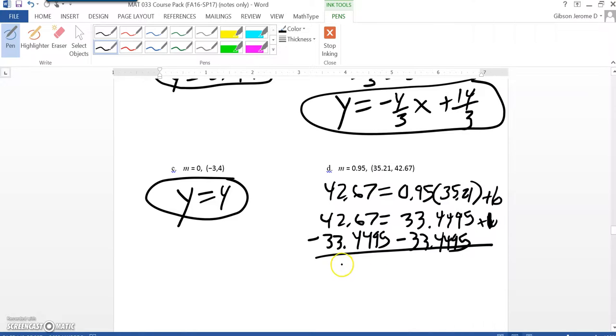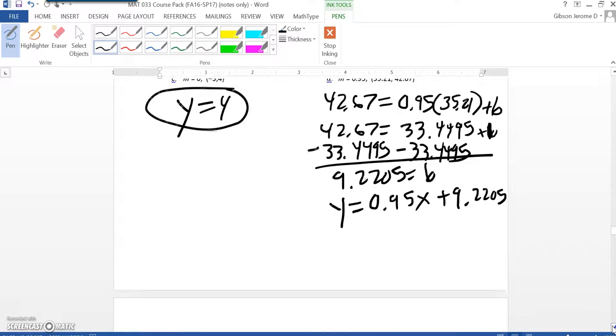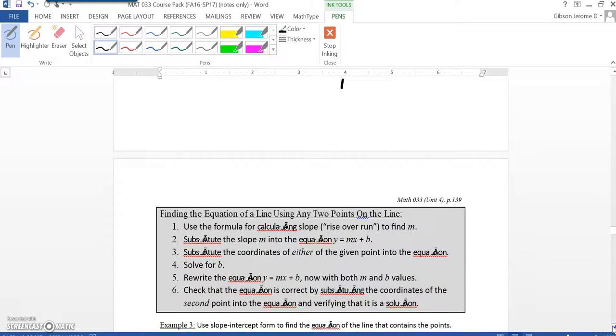That gives us 9.2205 is equal to b. Now, what we have to do next is we have our b and we have our slope. So it'd be y is equal to 0.95x plus 9.2205. And that is our final answer. Now, move on to the next page.